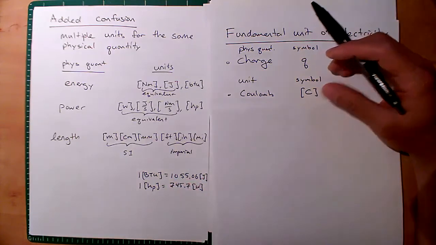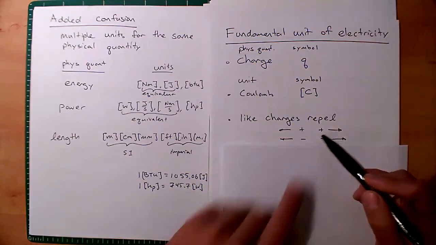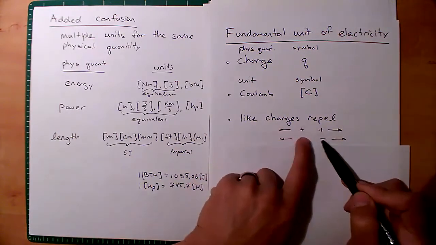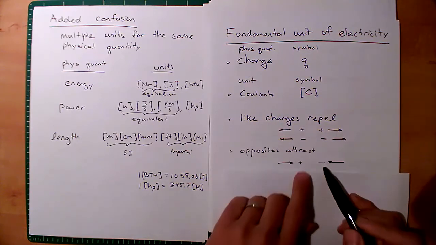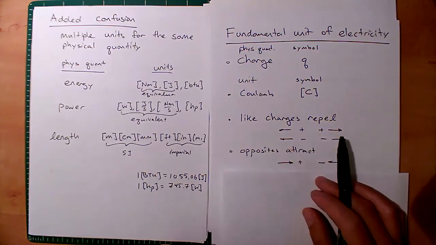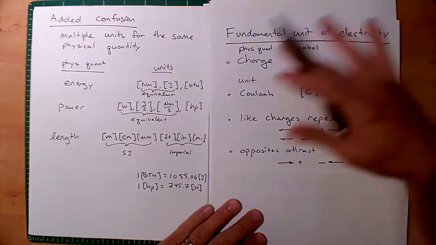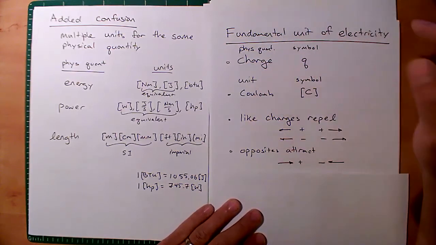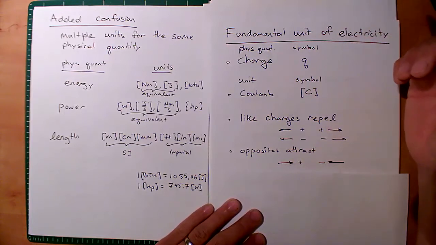Let's talk about charge. We already know that like charges repel and opposites attract. If you had a positive and positive or a negative and negative, they don't like to be next to each other, but a positive and a negative are attracted to each other. Again, basic stuff from physics. For these physical quantities relating to electricity, I like to bring up a hydraulic analogy to relate it to water.